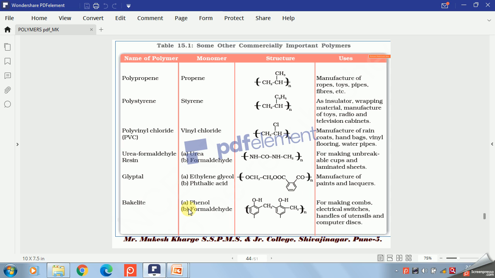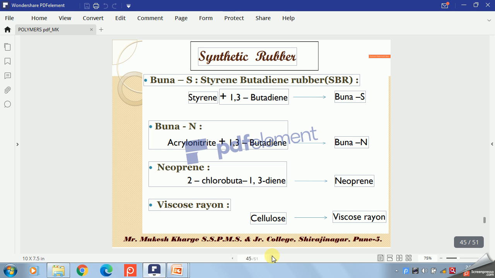Bakelite is obtained from phenol and formaldehyde as monomers. So structure is like this. It is used for making combs, electric switches, handles of utensils and computer disk. Next one is some synthetic rubber. Just now we see the detail.